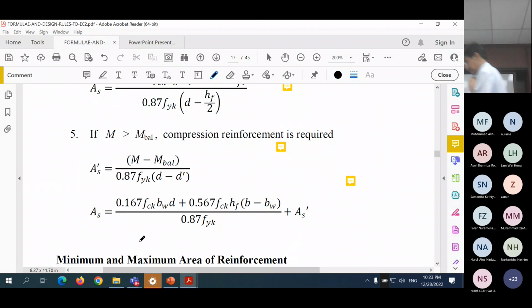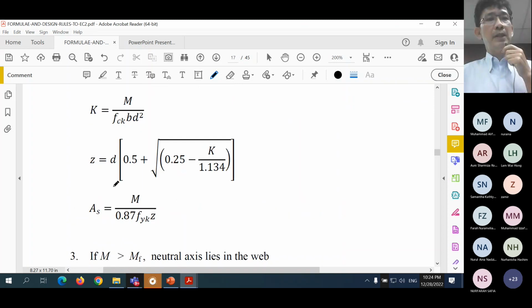So the steps are given here. You have to first decide whether the neutral axis for this flange section lies in the flange or it lies in the web. This is the first step. Okay, so these are all the steps here.